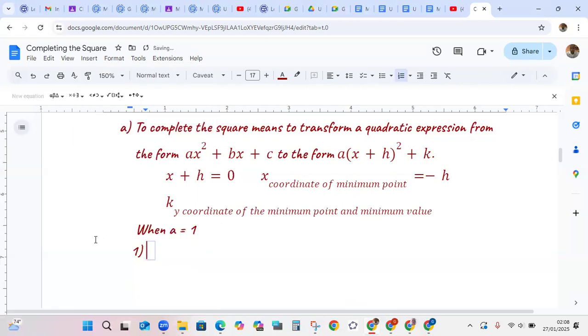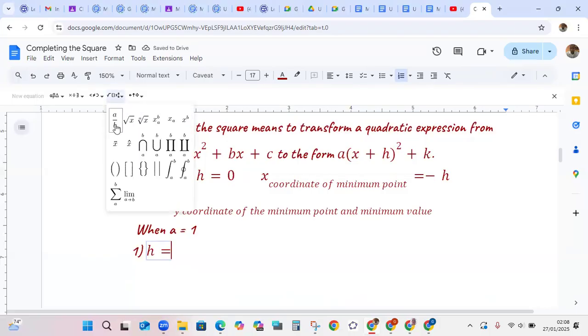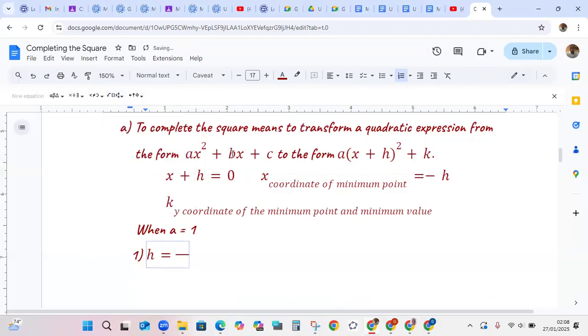So h is equal to b divided by 2. b is the middle coefficient.